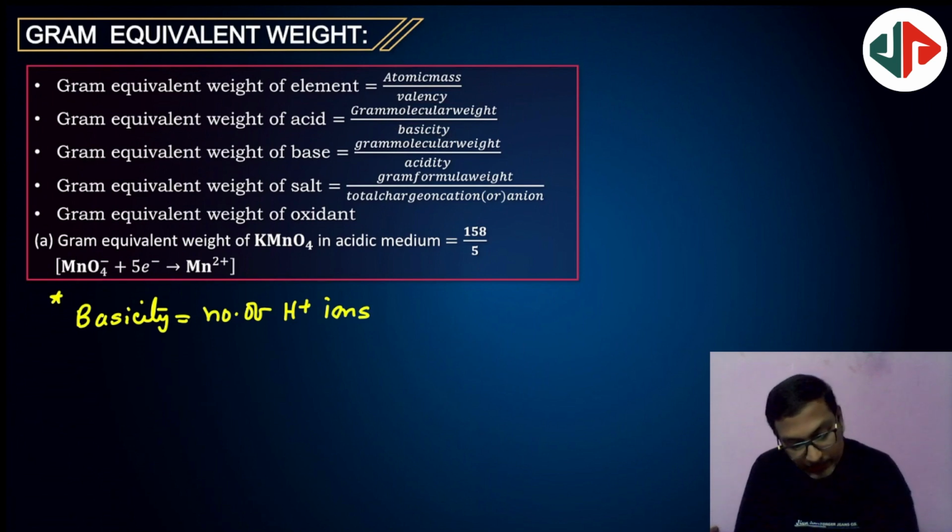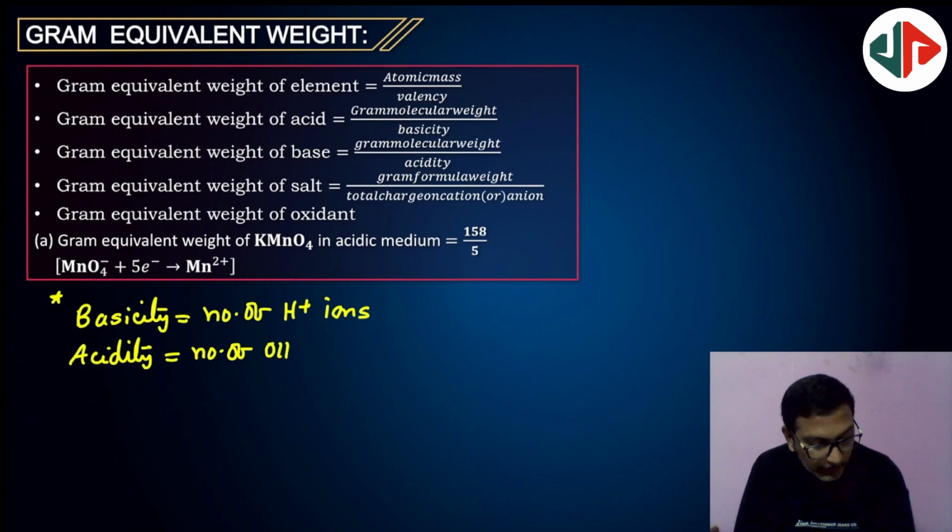Next, the equivalent weight of a base is molecular weight by acidity. Acidity is the number of OH- ions. Here basicity is also the n factor, and acidity is also the n factor.